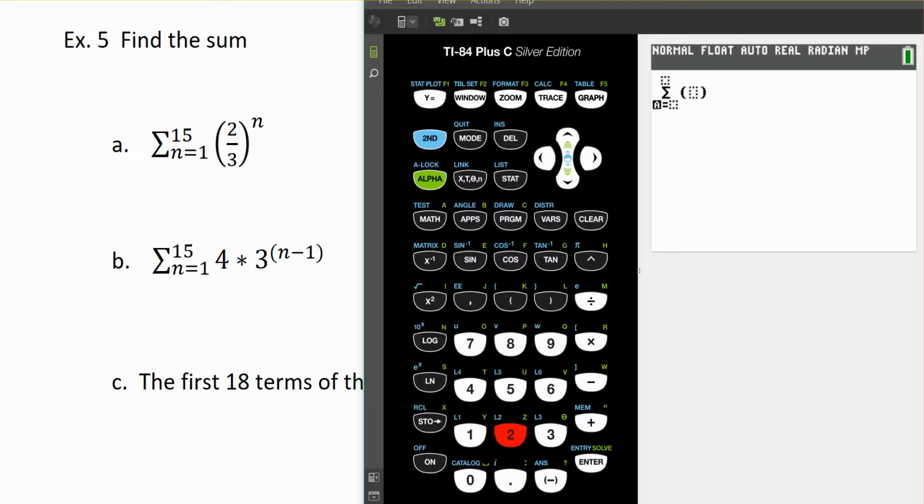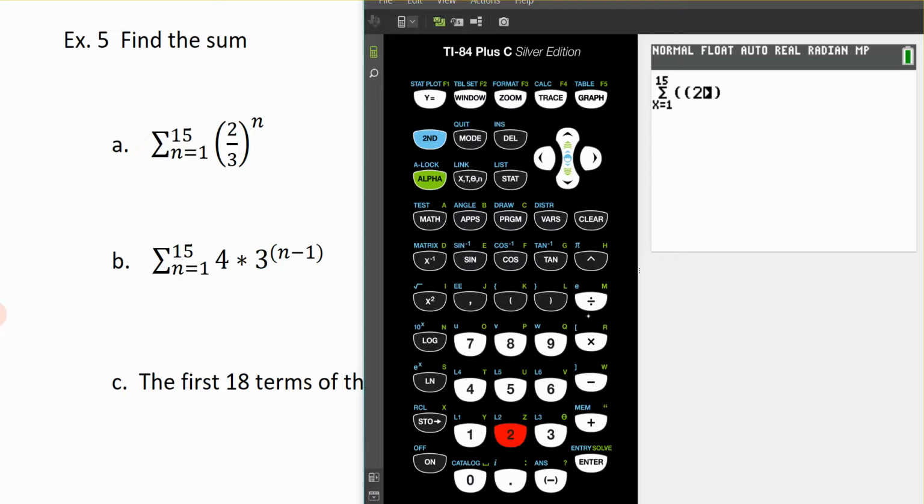And you can see here that if I choose option number 2, I'm going to get to my summation process right there. So I am looking to take the sum, and because I'm in my calculator, I'm going to use the variable x, and this is going to go from 1 to 15. And then over here is where I write the summation that we're looking at. Now I need to surround 2/3 in parentheses.